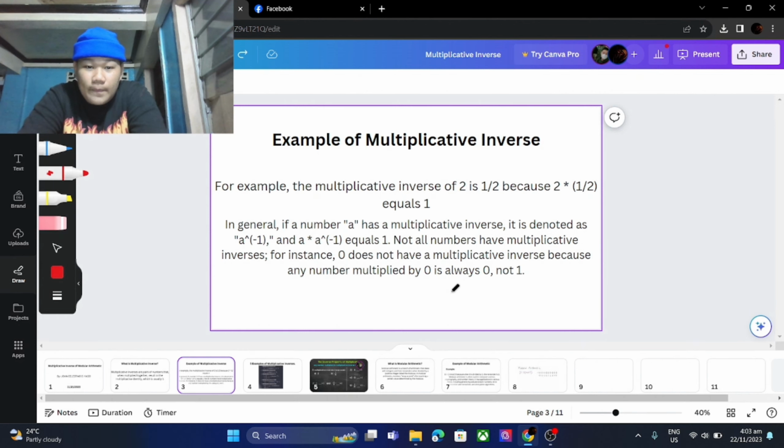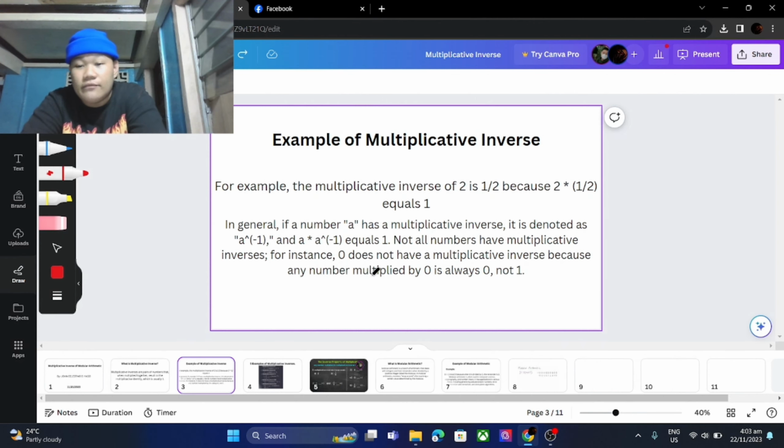In general, if a number a has a multiplicative inverse, it is denoted as a^-1, and a times a^-1 equals 1.